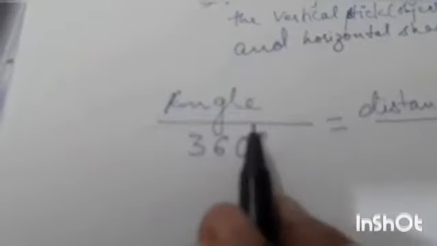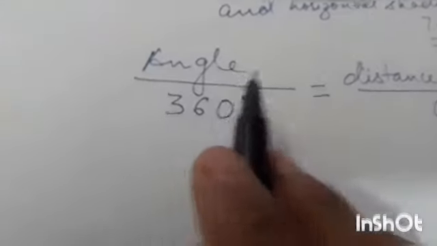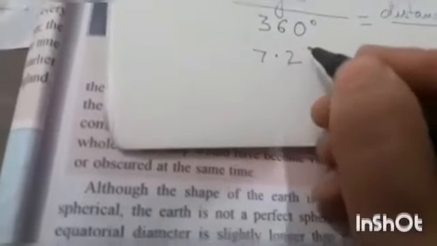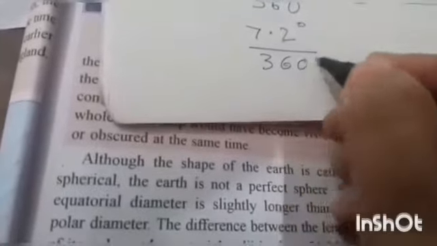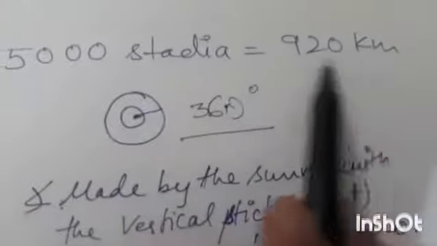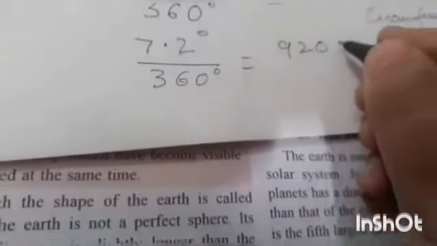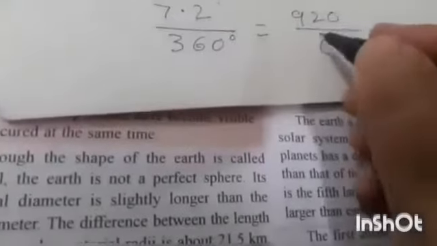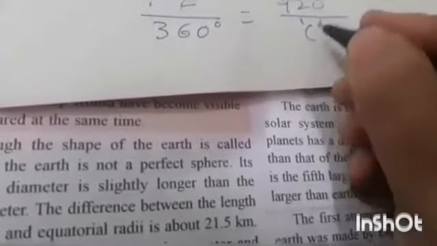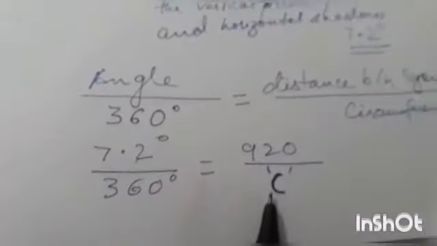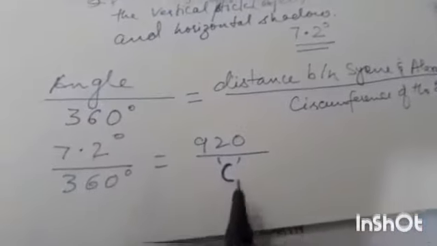So here, how much angle was made? It's 7.2 degrees upon 360 degrees equals to, distance was how much? Distance was 5000 stadia, but we'll take this 920 kilometers here. 920 upon circumference. Let's write circumference as C, circumference of the Earth, short form, right?